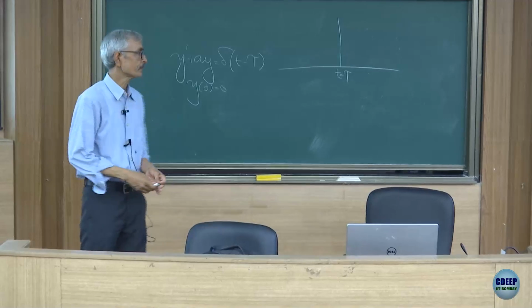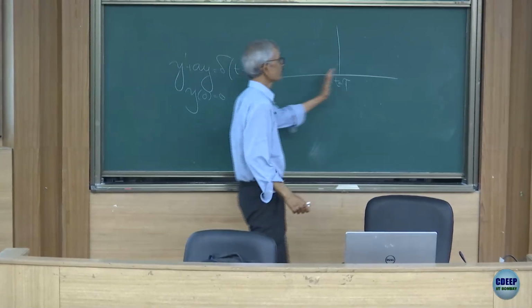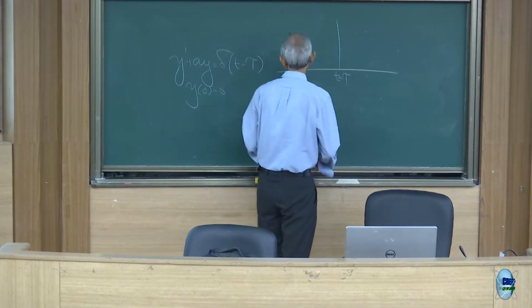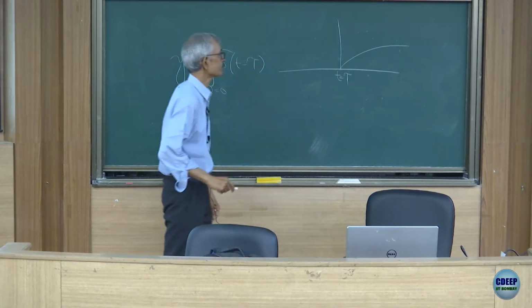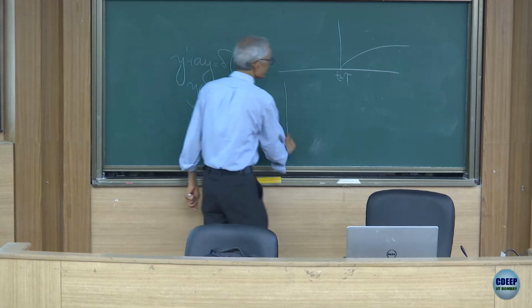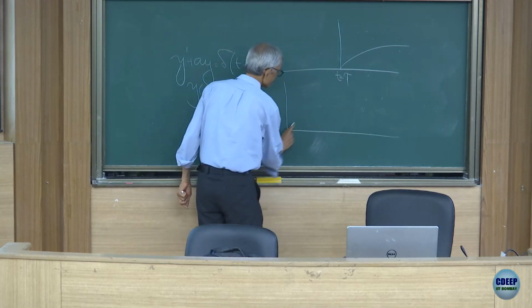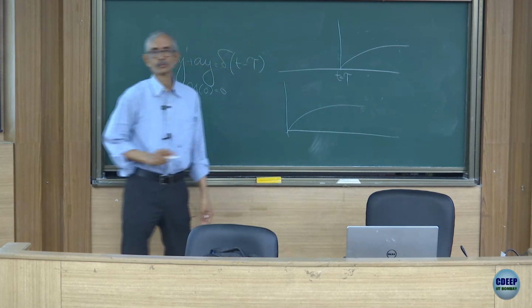So subsequent to t equal to tau, something is going to happen. For this particular case, we have an exponential that is likely to go like that.